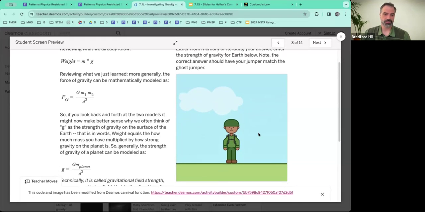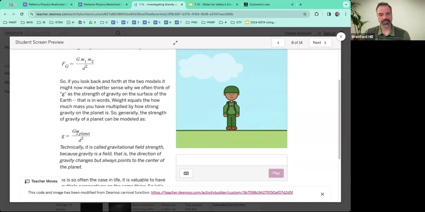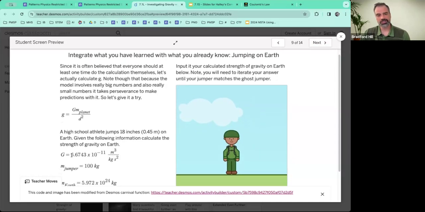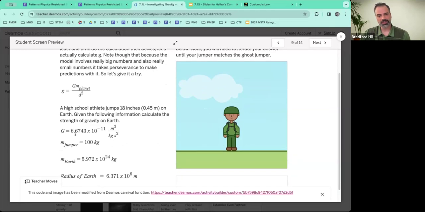It says they need to do some calculations. And that's unfortunate in a little bit because those are some crazy numbers. I try to emphasize that we haven't had students deal with 10 to the negative 11th a lot. That's not in many other places in the NGSS for the physics standards, but that's good. That's a good lead up to chemistry. They're going to see a lot of that in the following year.